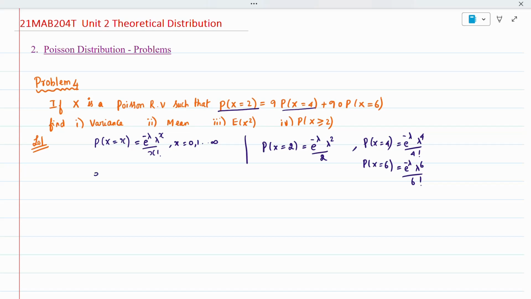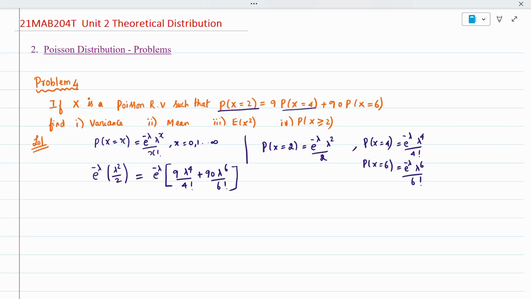So all this I will write in a single line. On the left, e to the power minus lambda, lambda squared by 2, equal to the right side. See, e to the power minus lambda is taken commonly out. So it is 9 lambda power 4 divided by 4 factorial plus 90 lambda power 6 divided by 6 factorial.